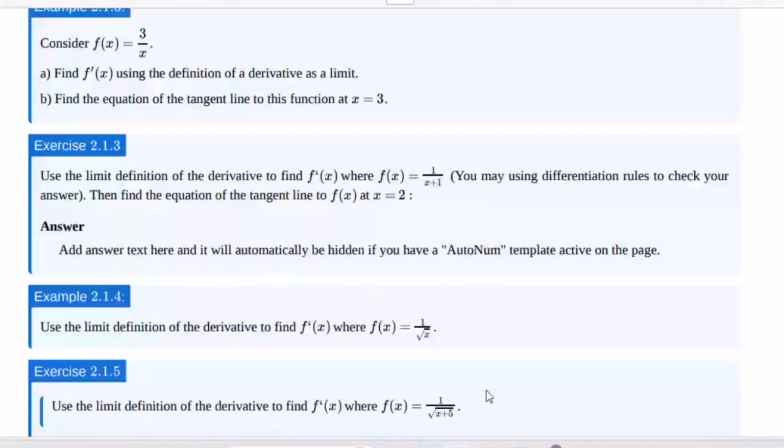The first term from f of x plus h is 1 over the square root of x plus 5 plus h. Are we together on that one? Yes. Now, we are going to simplify this first, okay? Yes. Now, this is the same as 1 over the square root of x plus 5 plus h over 1.